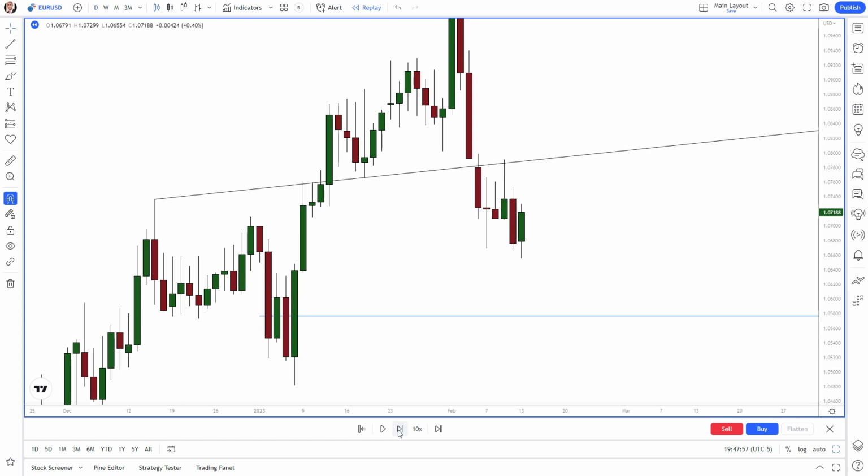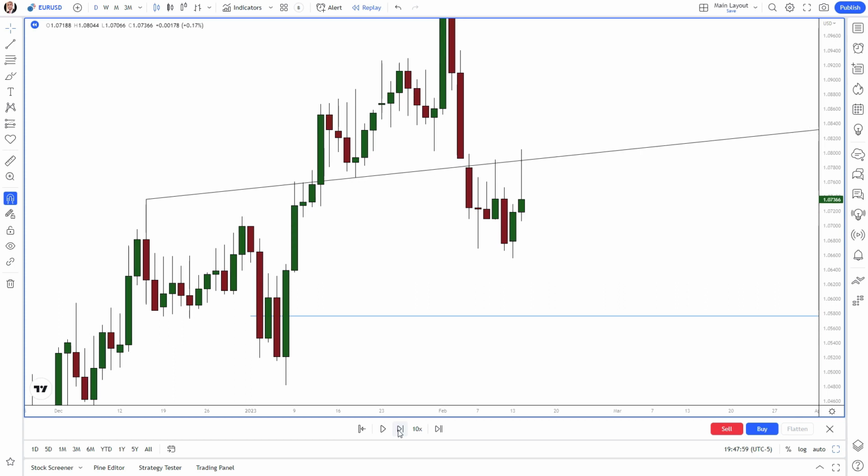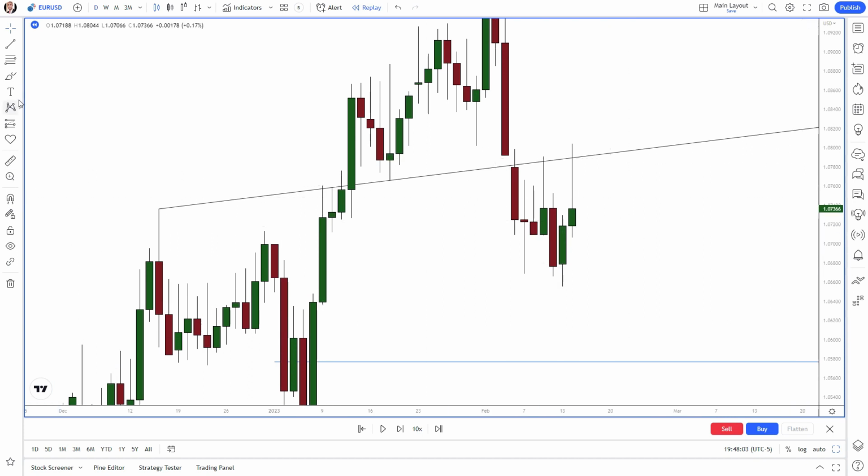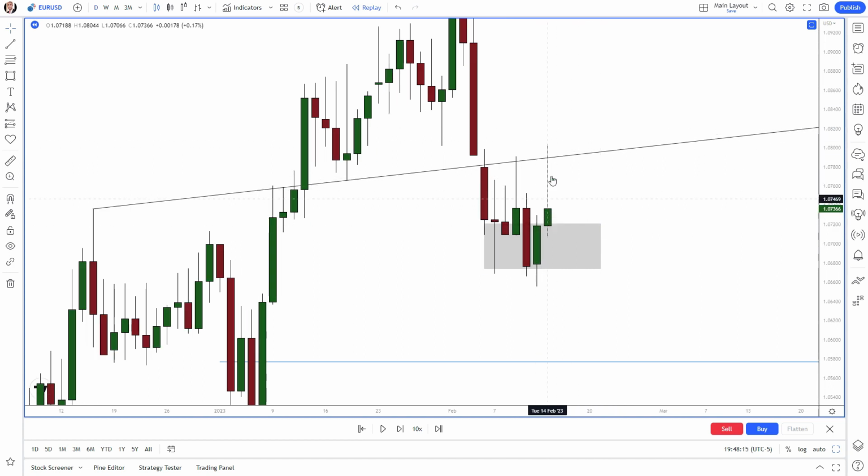So okay, the euro makes a move back up. Now this one was interesting. Anybody that got short in this zone, anywhere here, is holding the bag. Now you don't know what the market's going to do, right? What if this would not have been a pin bar? What if this would not have been a long wick to the upside and it just exploded way higher to cover this gap? You never know what the market's going to do.